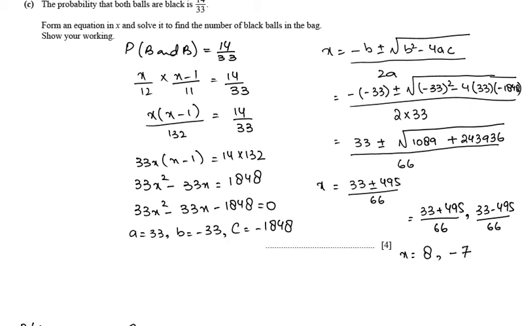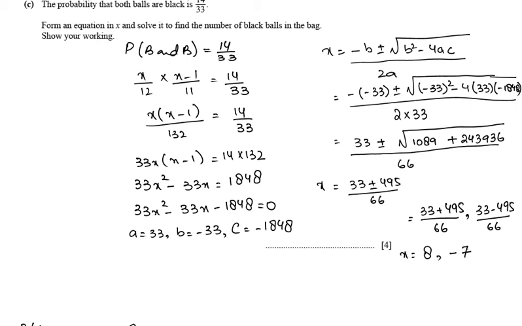So as they were asking in the question, form an equation in x and solve it to find the number of black balls in the bag. Show your working. As we know, at the start of the question it is given that x balls are black. So here we have got two values of x, 8 and minus 7.